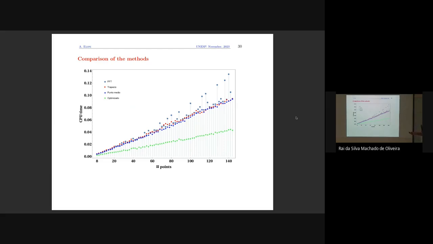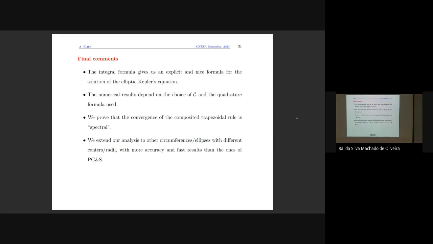And we see that trapezoidal and midpoint give very similar results concerning the CPU time. But both cases are better than the fast Fourier transform. And when we apply these simplification rules, we almost reduce by half the computing time. So it's really very fast and very accurate.